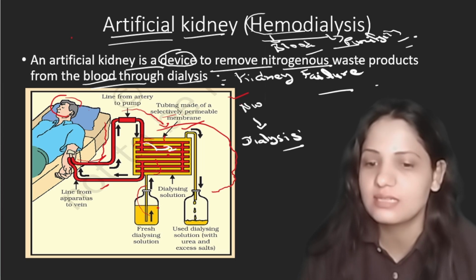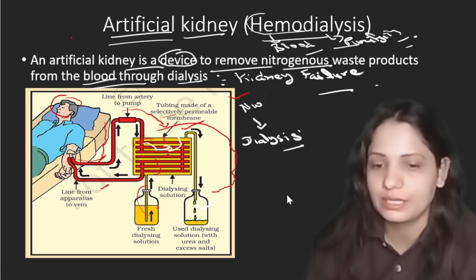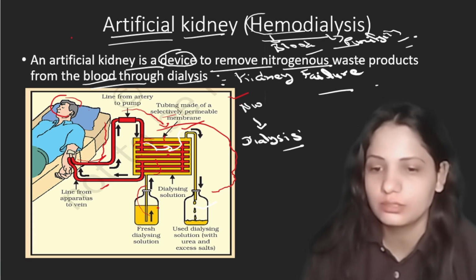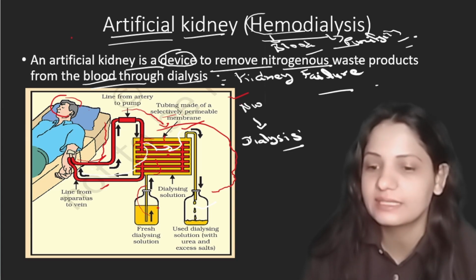Then this dialysis fluid which contains nitrogenous waste is discarded in another tank, and the purified blood is sent back. The blood which doesn't contain nitrogenous waste now is sent back to the patient's body through the radial vein.